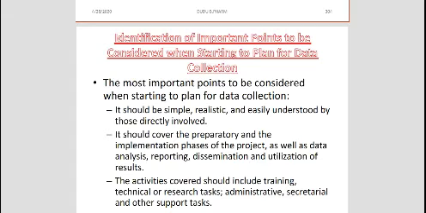It should be simple, realistic, and easily understood by those directly involved. It should cover the preparatory and the implementation phases of the project, as well as data analysis, reporting, dissemination, and utilization of result.